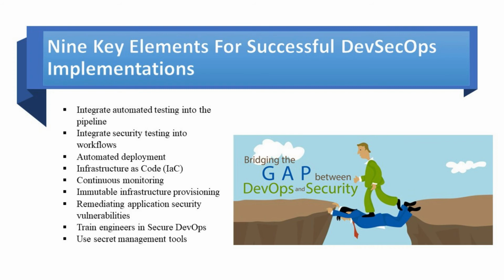And the next point is remediating application security vulnerabilities. Important to have clear remediation plans that you can deploy immediately to eliminate vulnerabilities. When using open source software, integrate automated open source management tools to keep you up to date with known vulnerabilities and calculate the associated security risk.